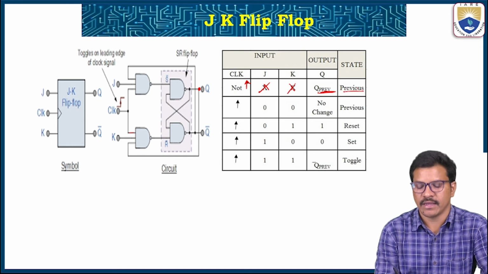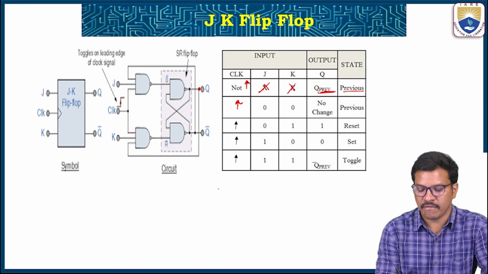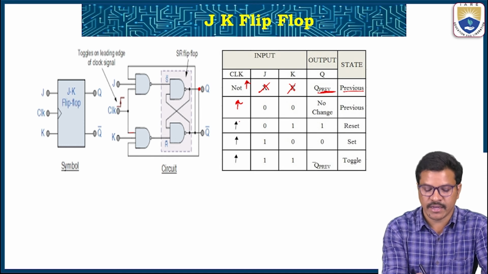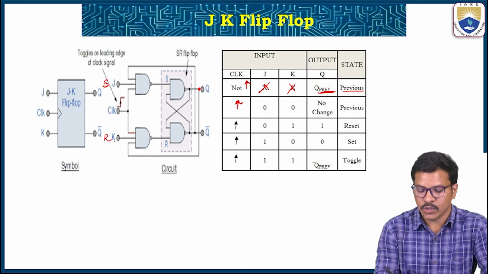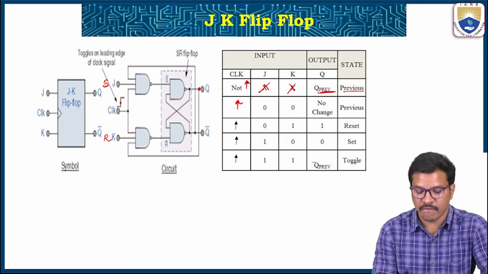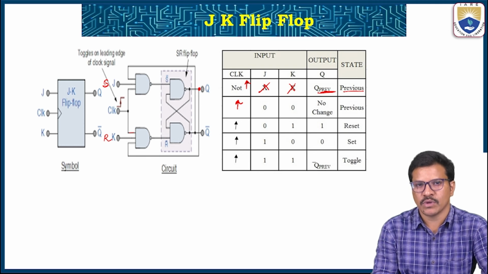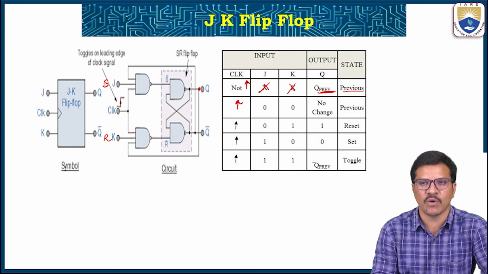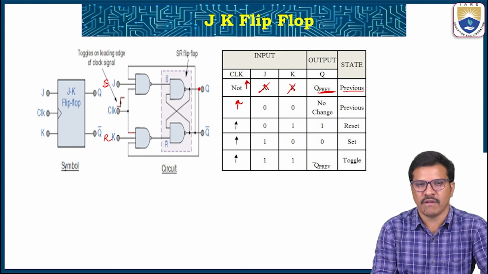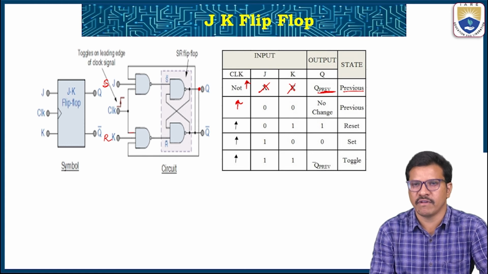Whenever the clock is high in the flip-flop, then it depends on J and K. Here J is nothing but S, K is nothing but R. So we know the SR flip-flop, NAND flip-flop, but the extra point is because of this feedback connection. So the entire truth table for the JK flip-flop is the same except the 1 1 case. In order to avoid the forbidden case which occurred in the SR flip-flop, it is eliminated by the JK flip-flop.